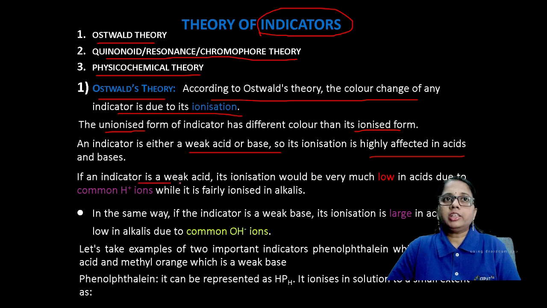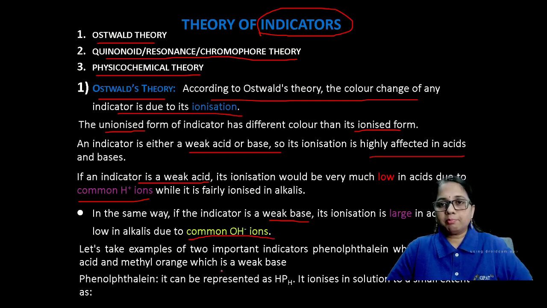If an indicator is a weak acid, its ionization is very low in acids due to the common H+ ions, while it is fairly ionized in alkali solutions. In the same way, if the indicator is a weak base, its ionization is very large in acids and low in alkaline solutions due to the common OH- ions.